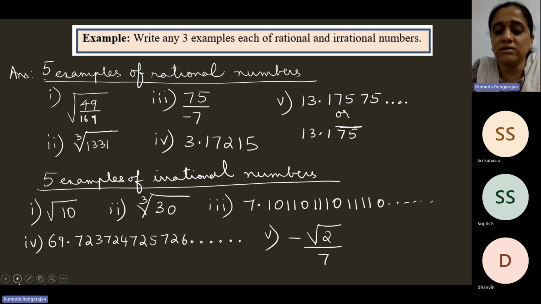Square root of 2. Look at the fifth example I've written. Square root of 2: no number into itself will give you 2. So it's a non-terminating, non-repeating decimal.